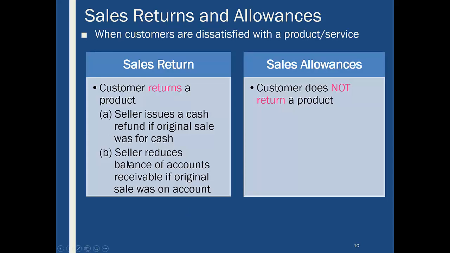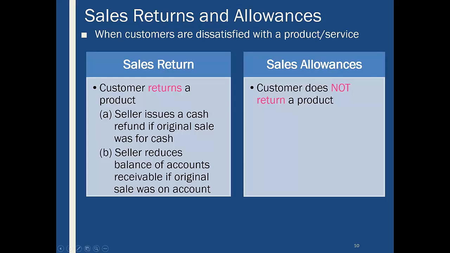And the seller, whoever sold it, reduces their accounts receivable if the initial sale was on accounts receivable. So you walk into a place, you buy something, you put it on account, everybody's happy. You walk away with it. If you come back later and return it, then the accounts receivable that was on the books needs to be reduced because you're no longer obligated to pay that money.